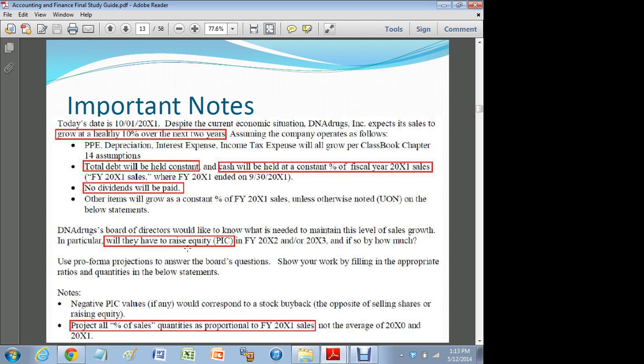The idea of all these projections is that you're solving for something at the end, whether it is cash, debt, or in this case, PIC. How much equity do they have to raise this year to make everything else balance out? Other times we might be asked how much cash they have to retain at the end of the year, or how much debt they can have. As long as you have one unknown, you can solve for it because you have enough equations.